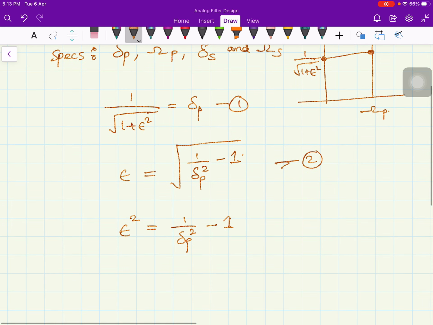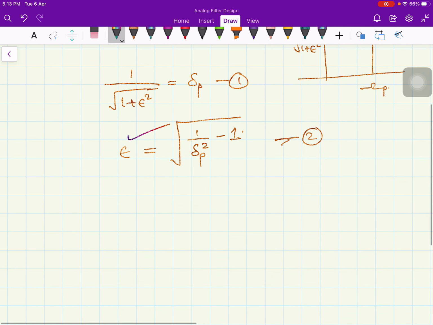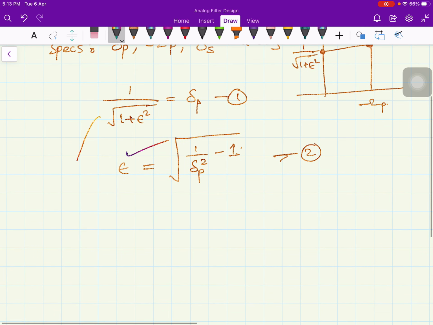So we got epsilon. Let us leave it as it is. Now from equation 1, if you square it and take the reciprocal, you will get this equation number 2.